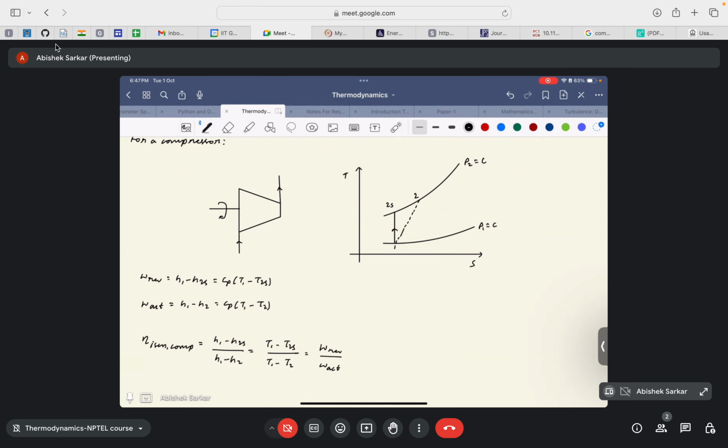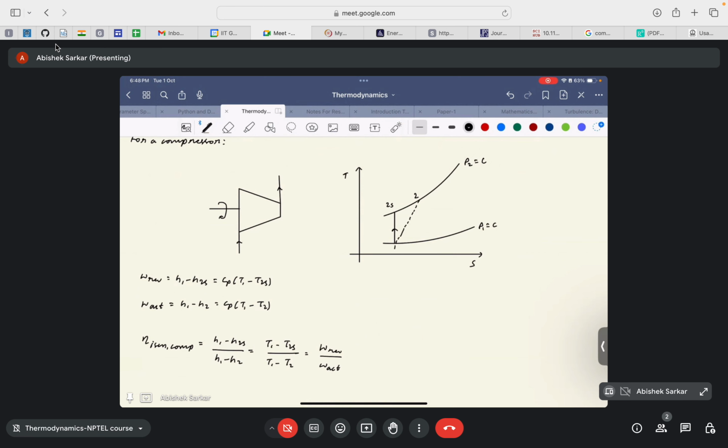Again, you can intuitively understand that if the work required for an ideal case is h1 minus h2, then in an irreversible case, since there are some internal irreversibilities in the system, say because of friction in the shaft or improper insulation of the compressor, the net work required to achieve the same effect would be higher in the irreversible case compared to the reversible case.